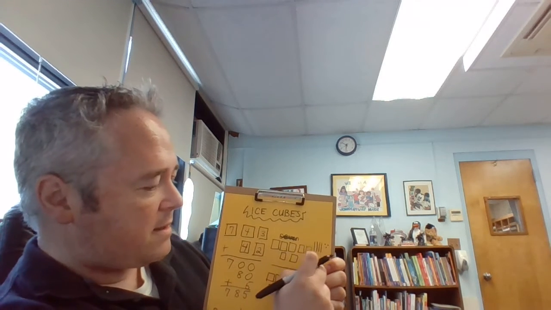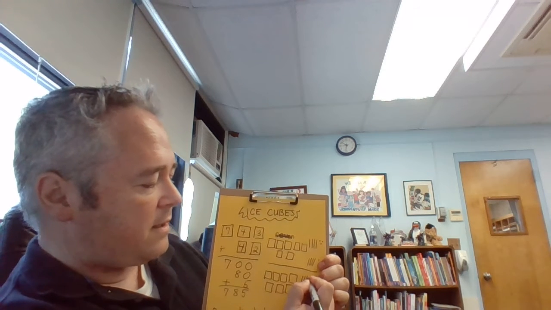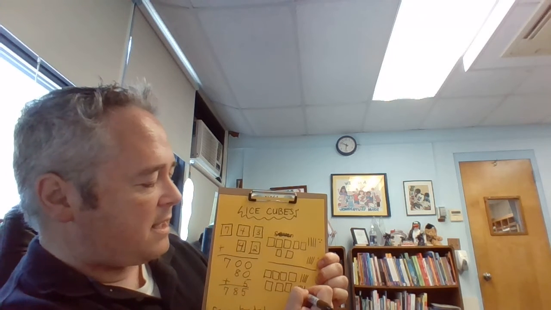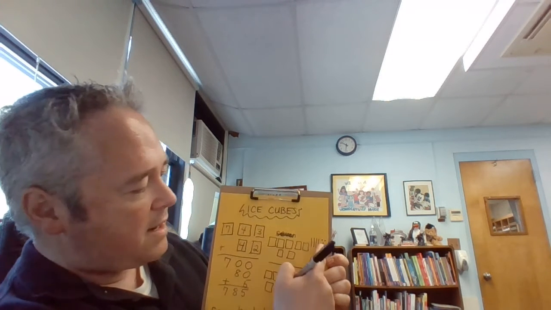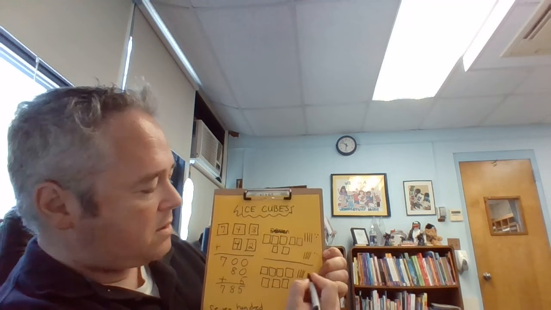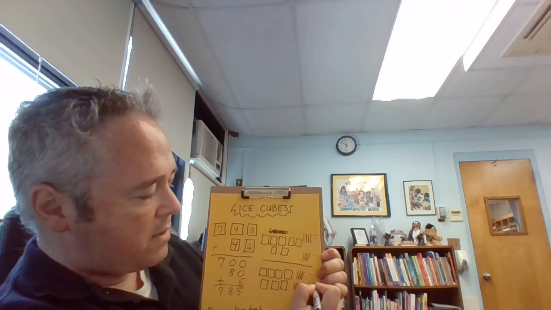And I have 40 and 40. So I'm going to go 10, 20, 30, 40, 50, 60, 70, 80. And I have 3 and 2. So that's 1, 2, 3, 4, 5.